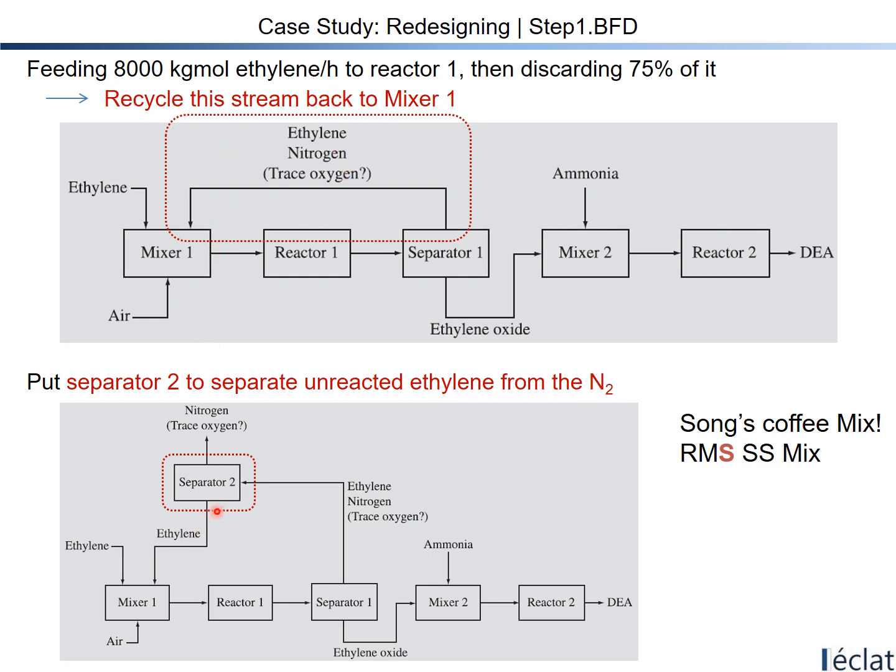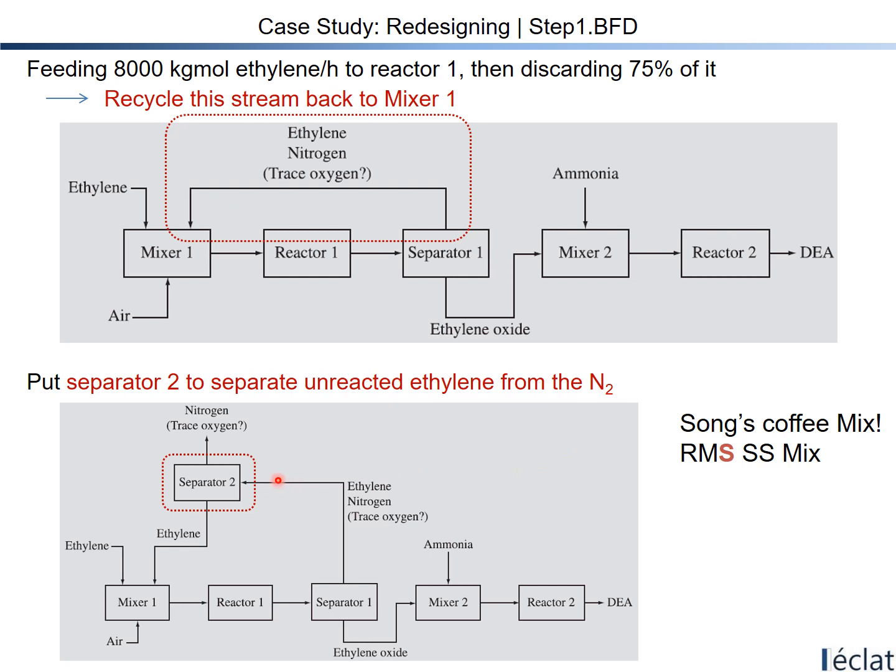But I'd like to introduce very pure ethylene gases into mixer 1. In that case, you need to have a separator along the recycle stream. So right now we have separator 2. This separator 2 placement belongs to the third entity of the RMS-SS mix.